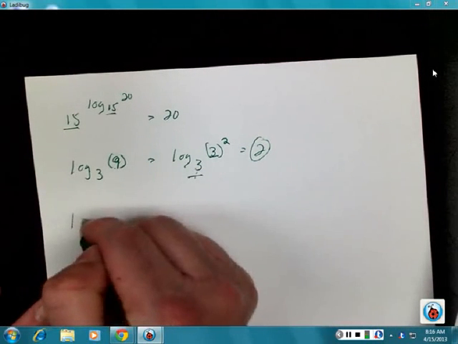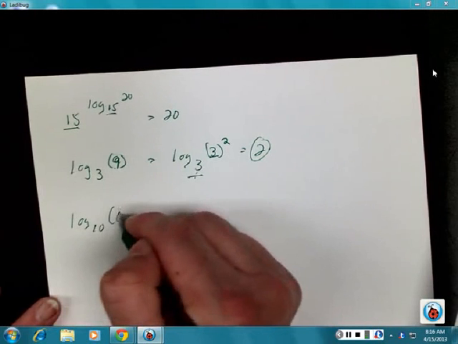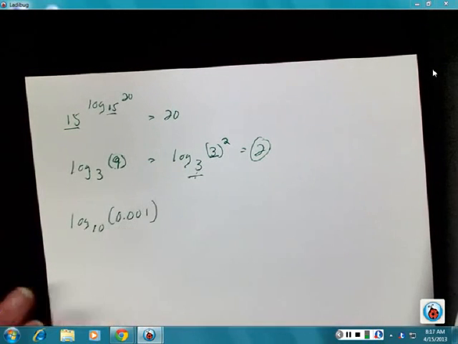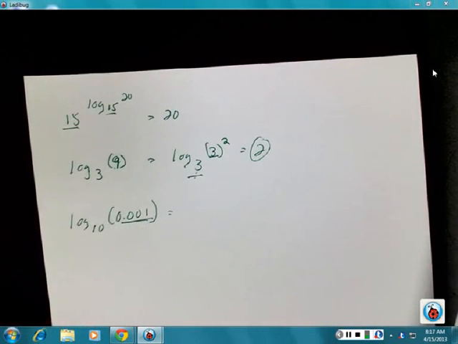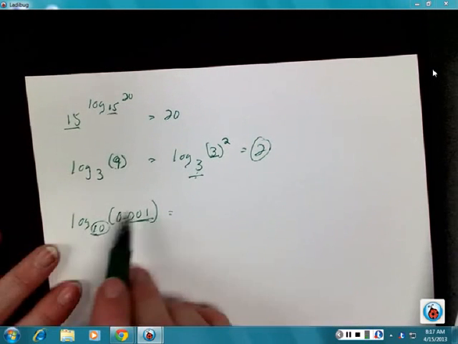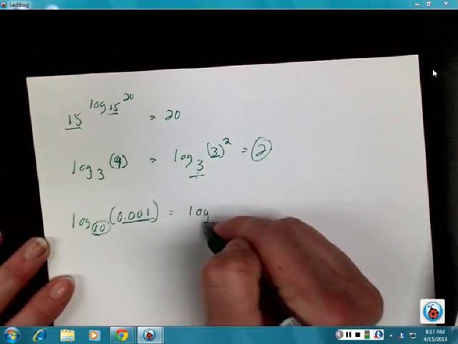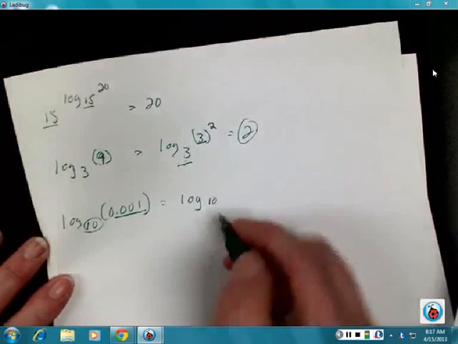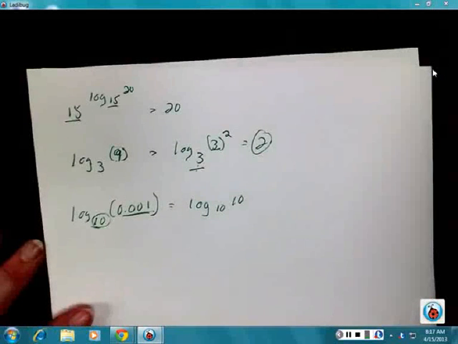Another one might be log base 10 with 0.001 after it. This piece that's in here is a base 10 number, meaning that my base in my logarithm is 10. This whole thing up here, if I put it in terms of a base 10, what would it be? What would be its exponent on that?